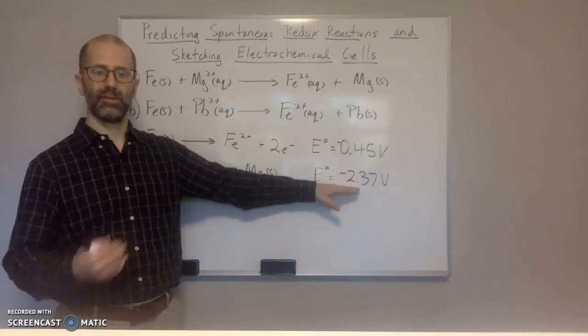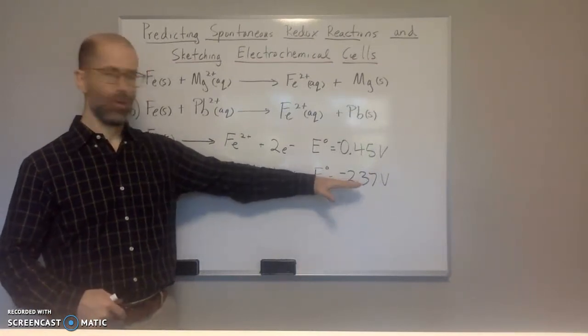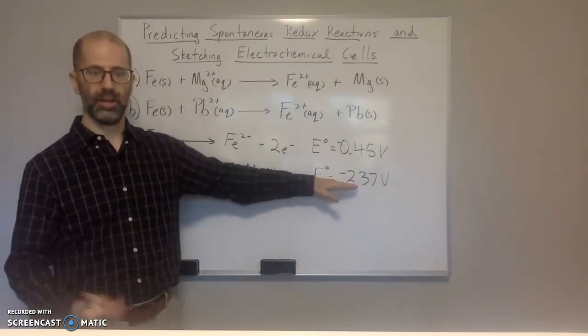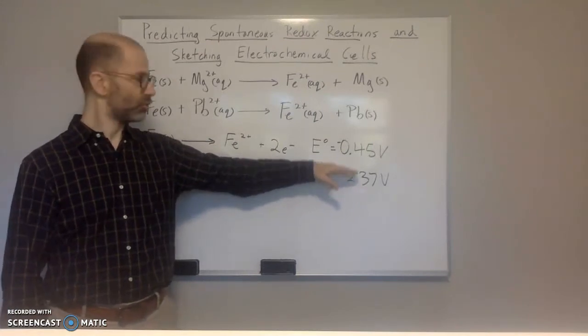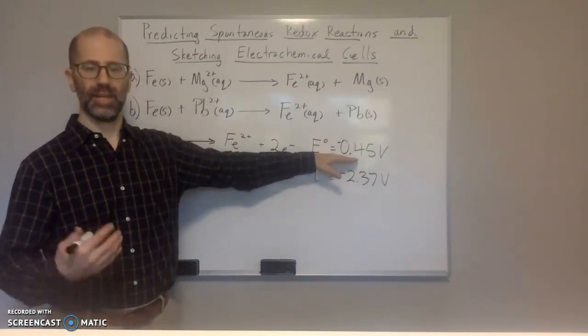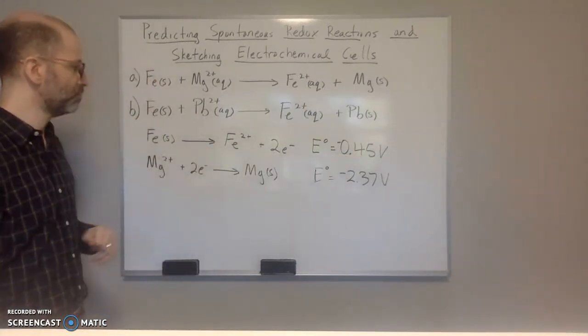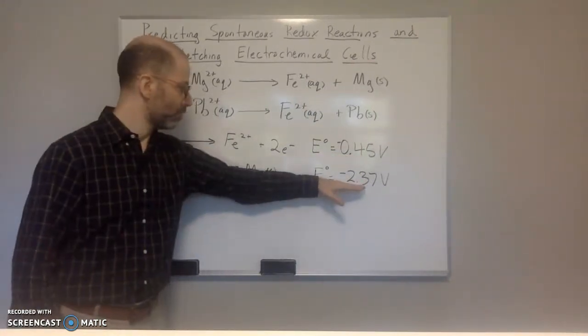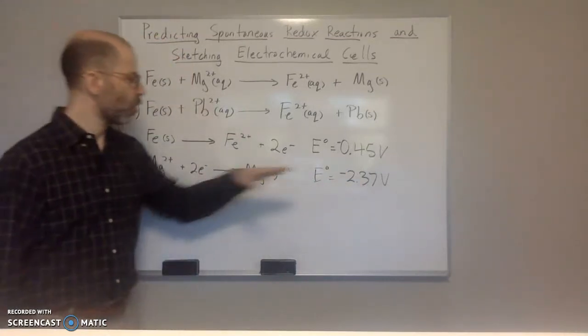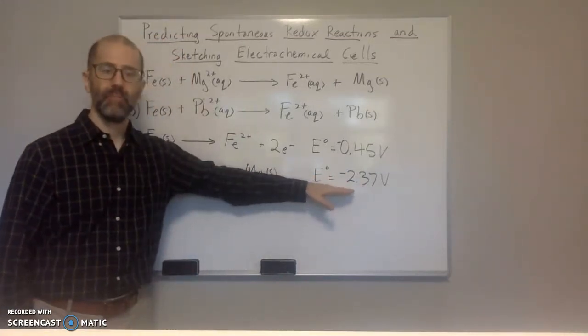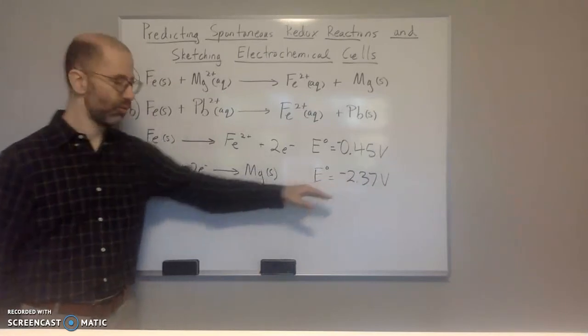Another way is that electrons, being negative, are going to move away from the more negative electrode potential toward the less negative, or more positive. So here you have the more negative one, and it's more likely that the electrons are going to move away from this electrode.